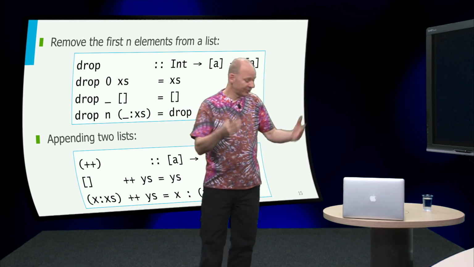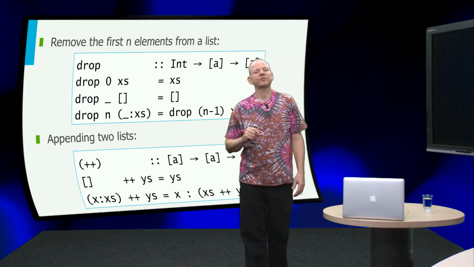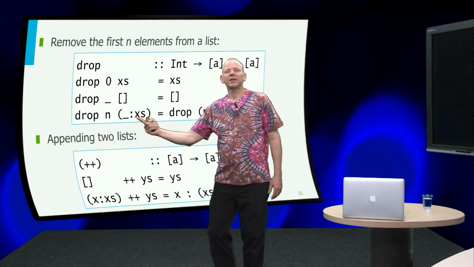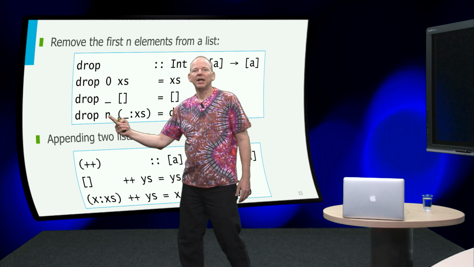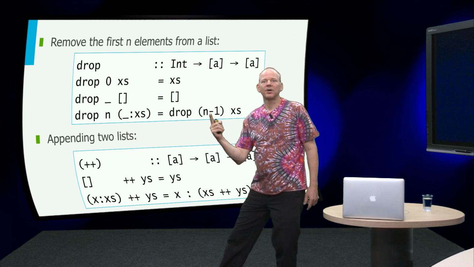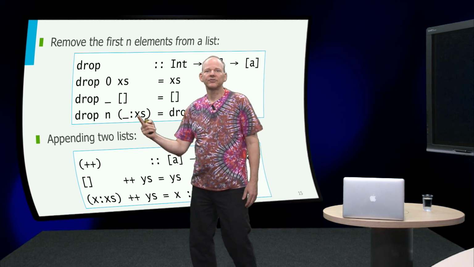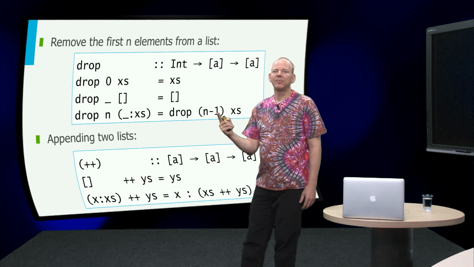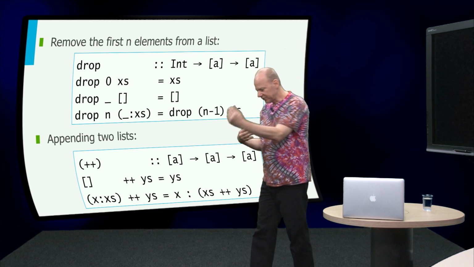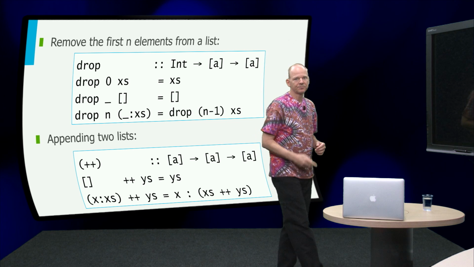If we have the empty list, we can drop whatever we want, but we won't get very far, so we just return the empty list. Otherwise, we recurse both over the list and over the number. And again, since we don't have n plus k patterns, we have to use n minus 1 on the right-hand side. So drop of n and x cons xs is drop of n minus 1 and xs. So here we recurse over the structure of the number and the structure of the list.